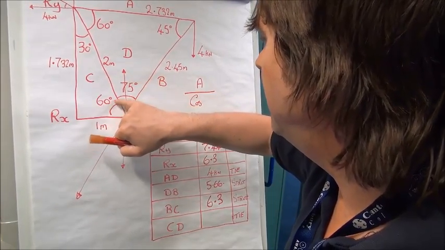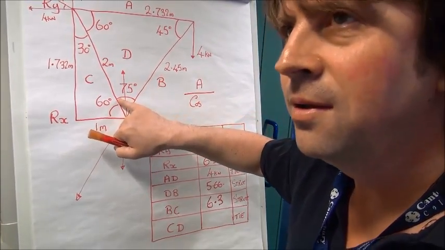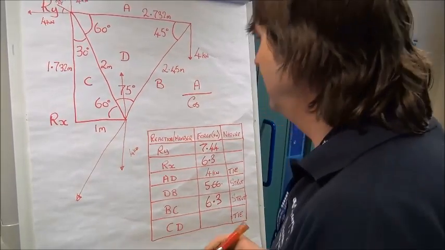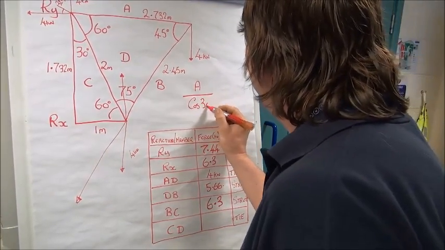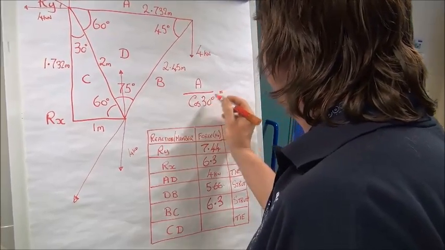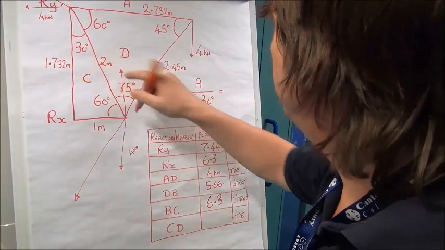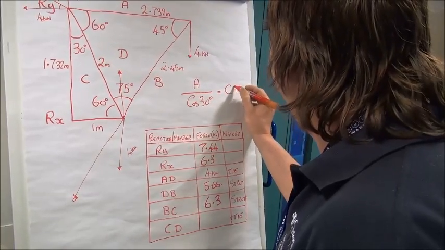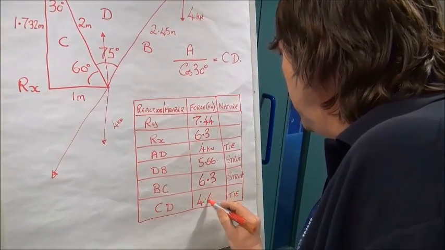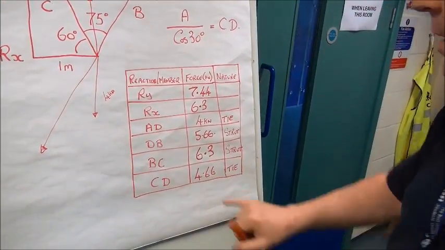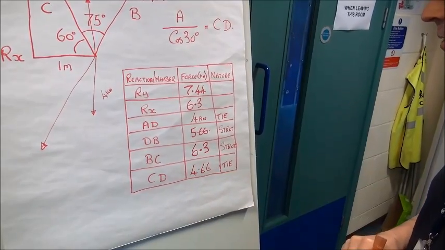If this is 60 degrees, this angle must be 30. Oh yes. I astound myself by my genius sometimes. And that's going to equal the force in member CD there. When you do that sum, which you can do on your own, you'll see that it comes to 4.66 kilonewtons.